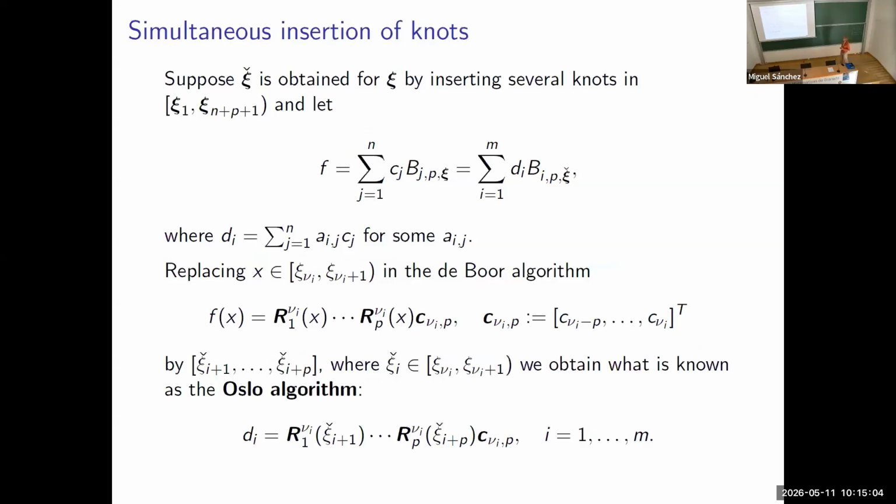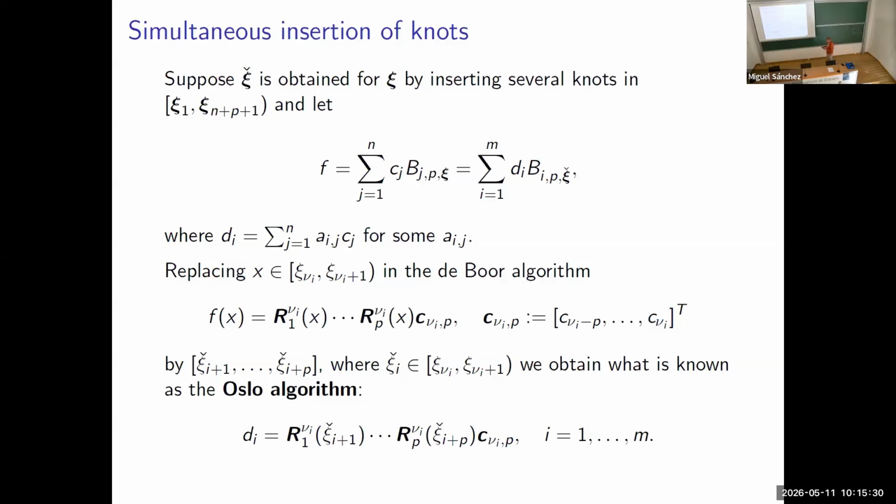Okay, so let me end by just showing the simultaneous knot insertion. So suppose now we have the situation where we have a spline with coefficients cj, and we insert several knots anywhere in the whole range, xi 1 to xi n plus p plus 1.